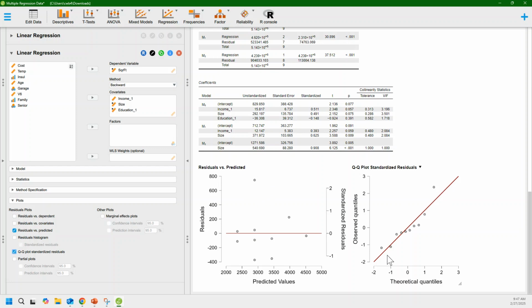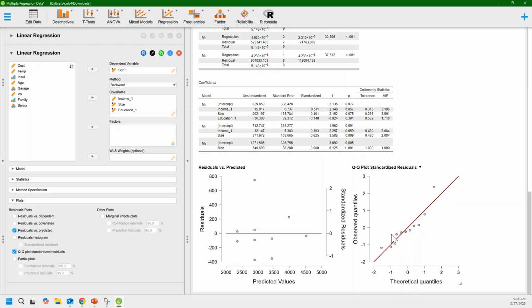All right. When I look at my QQ plot of my standardized residuals, the points aren't too far off. Although these points here are leaning towards being a curve, since the points are not too far off from being close to that line, I'm not going to say that this assumption is violated.